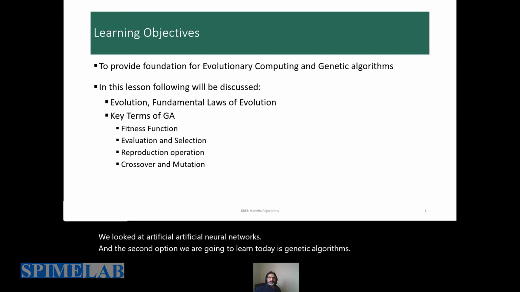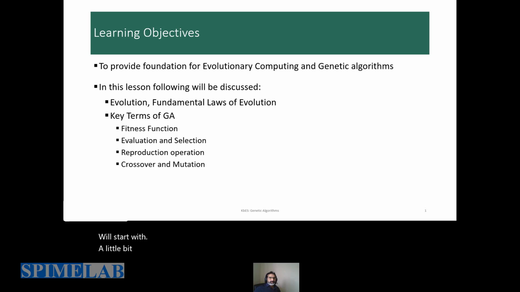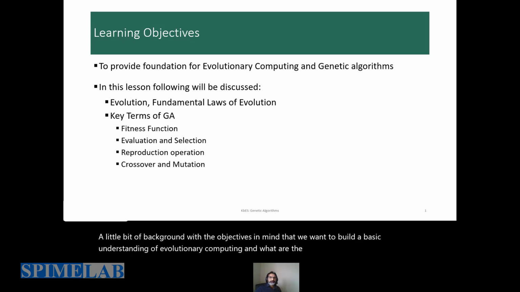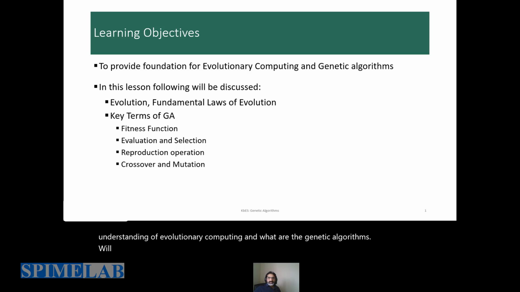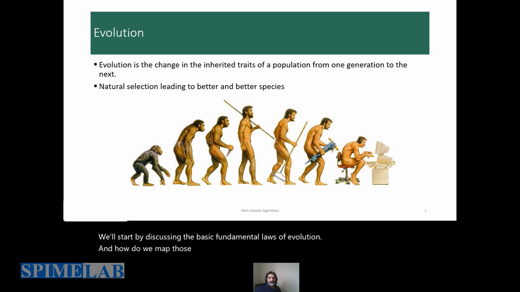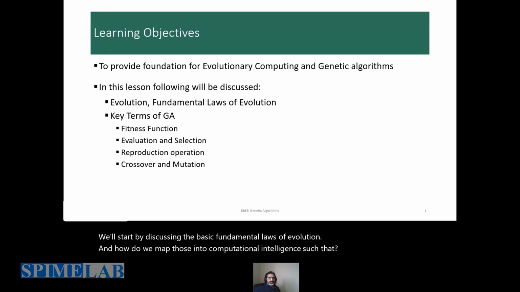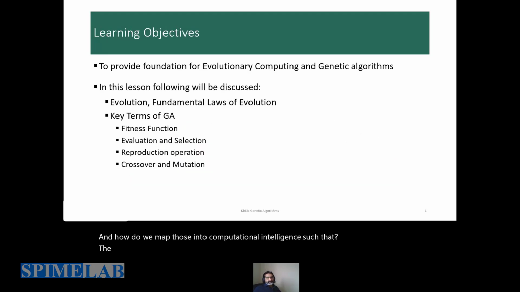We'll start with a little bit of background, with the objectives in mind that we want to build a basic understanding of evolutionary computing and what genetic algorithms are. We will start by discussing the basic fundamental laws of evolution and how we map those into computational intelligence, such that the basic core principles of evolution in biology can be mimicked in computational intelligence.